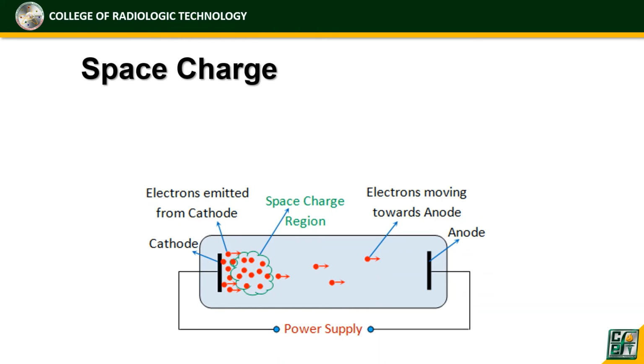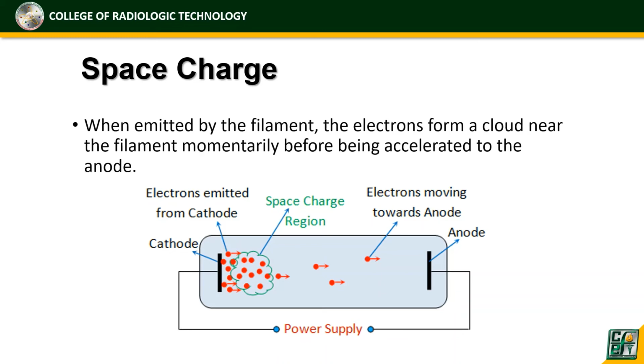Now, space charge. So, bakit may space charge? Balikan muna natin ano ba yung space charge. So, ang space charge ay isang cloud of electrons that can be found in the cathode side of the X-ray tube.